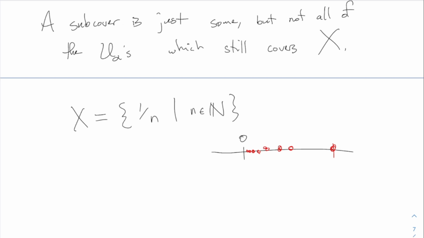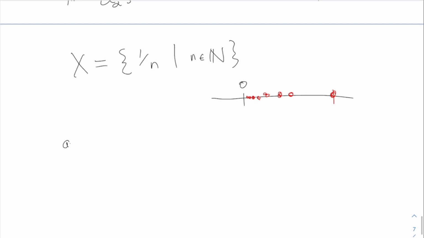Here's an open cover. I'm going to say let U_n be the open interval 1 over n to infinity, and then intersect with X. So these are open intervals.